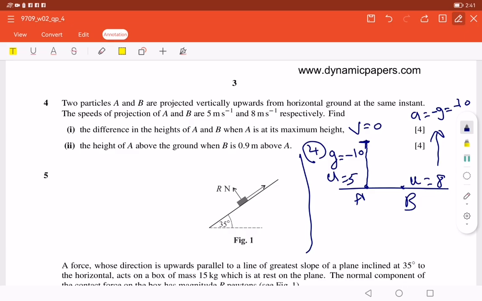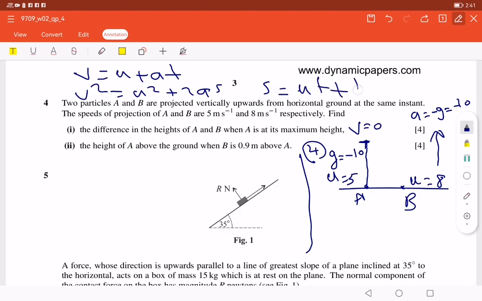Remember that we have the equations of motion in the direction: first, v equals u plus at; second, v squared equals u squared plus 2as; third, the quadratic equation in time, the distance equals ut plus half at squared. Okay?